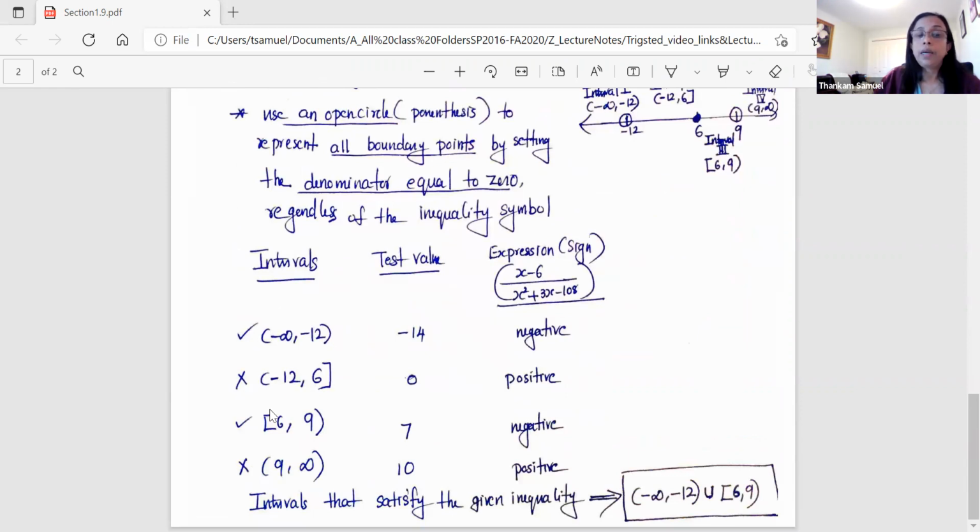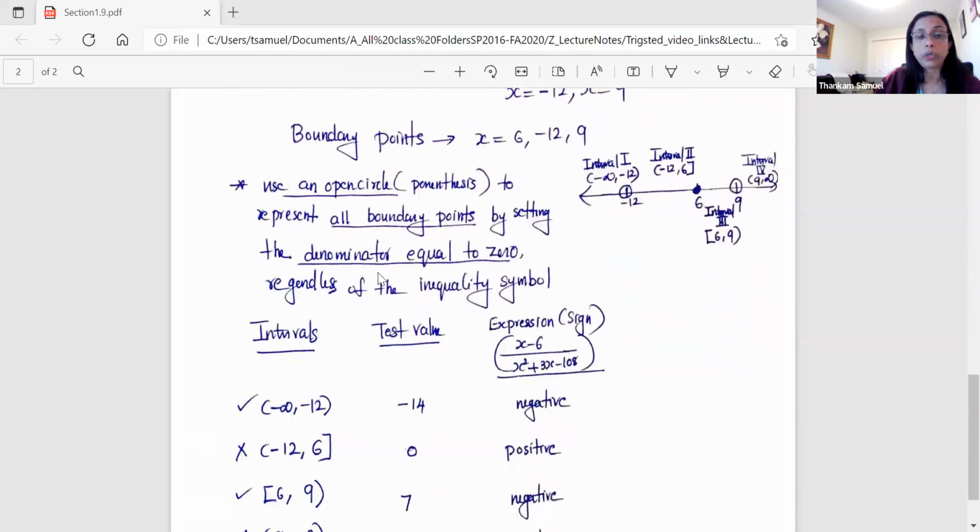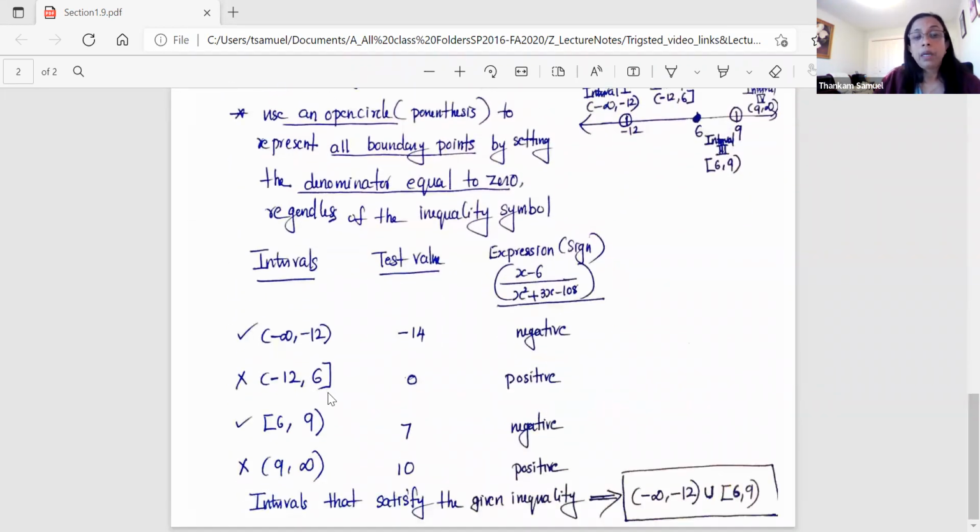We need to use parentheses for negative 12 because it is a boundary point in the denominator, and 6 is a boundary point in the numerator, so you can use a bracket. Then the third interval is 6 to 9.